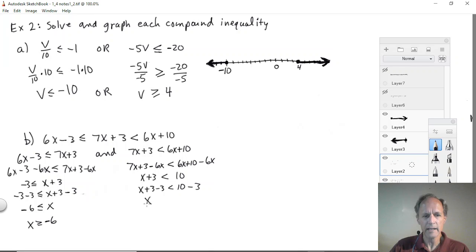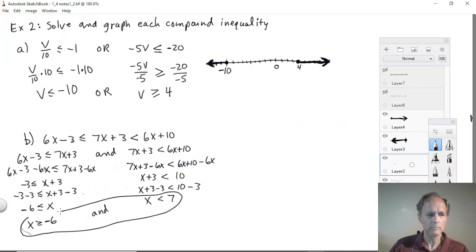And that gives us x, and that's less than 7. Okay, so we got this and here. So that's what we get. x greater than or equal to negative 6 and x less than 7.